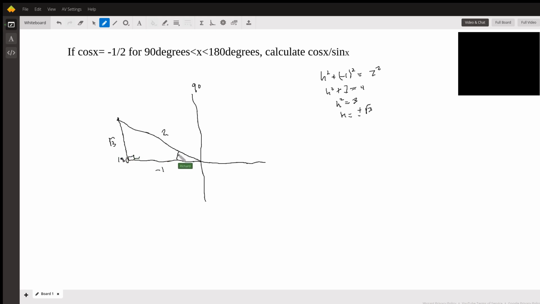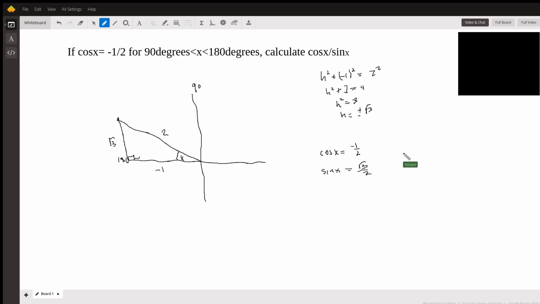So now we can just use SohCahToa. So the cosine of x, that's the reference angle here, would be -1/2, which is where we started. The sine of x is going to be √3/2.